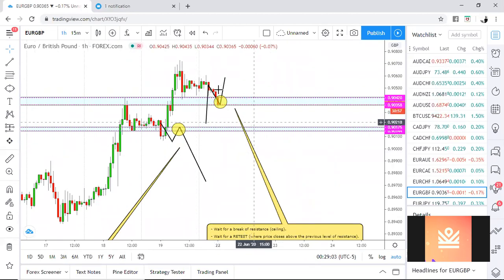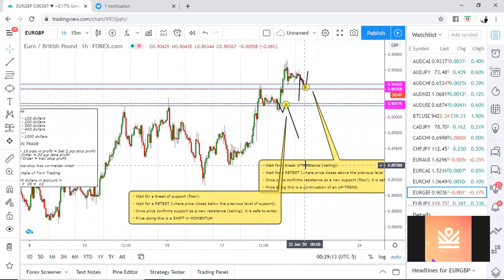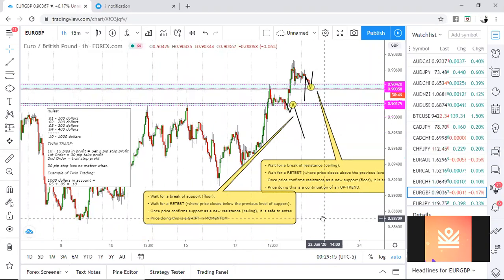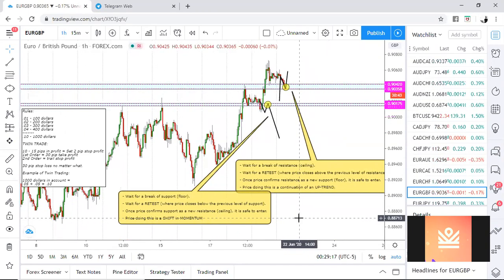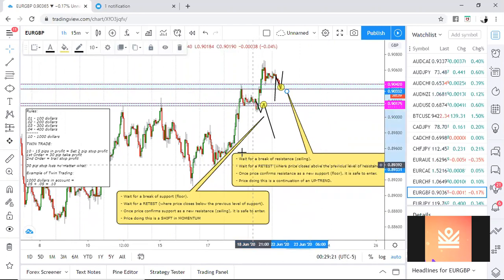Anyways, your GBP, we can keep this one the way that it is. I'm going to be looking for entries off of this level all night here, so I'm going to keep this one as is, just so you can see all the rules and all the text. Boom. So wait for a break of resistance, check. It already broke above the resistance.